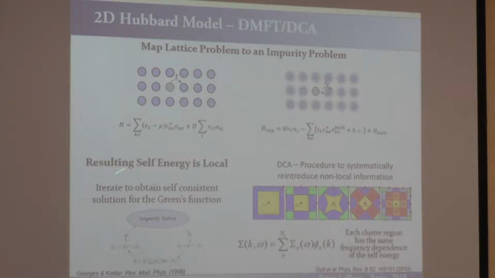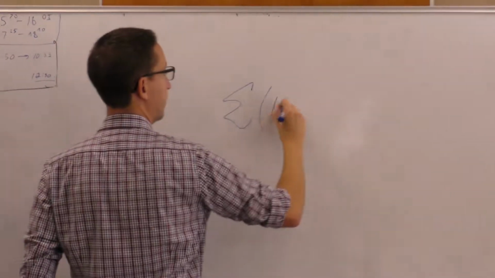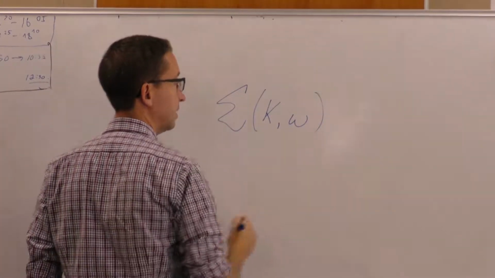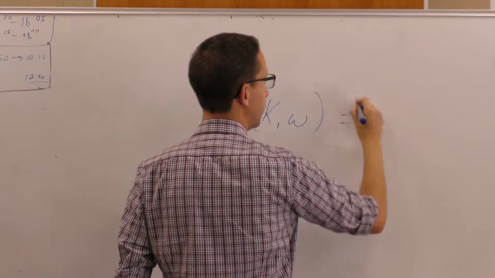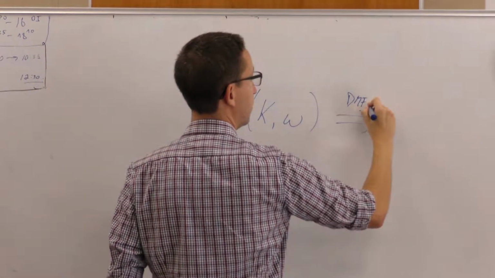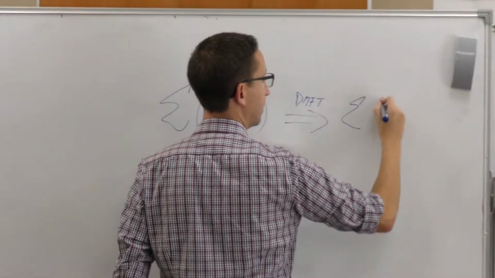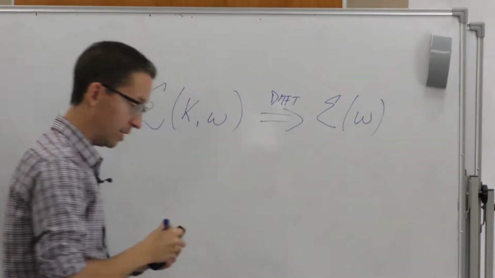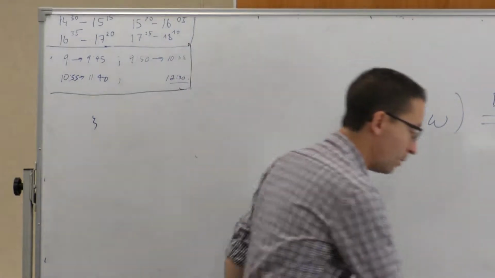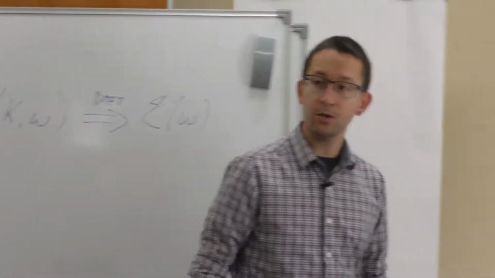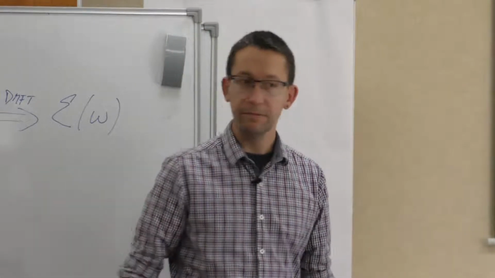The reason is that the self-energy that should be a function of k and omega, when you have a DMFT self-energy, it has no k dependence. It's just a frequency-dependent object. So you can imagine that right away, that's a pretty coarse approximation, right?